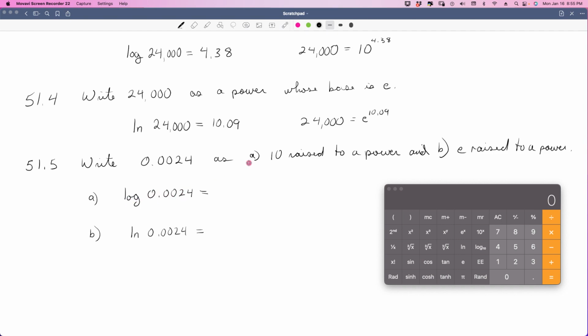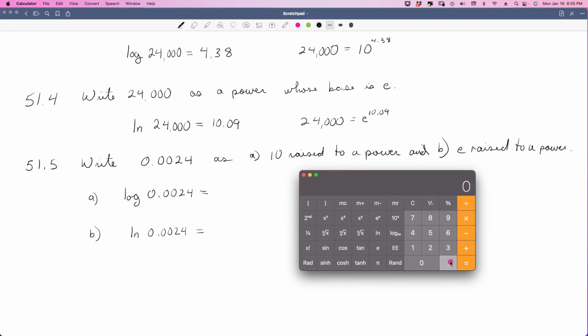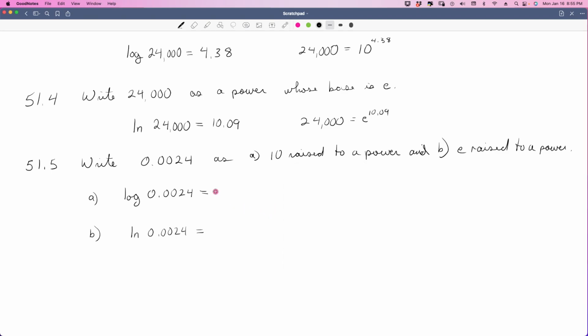So we rewrite the 10 raised to a power as a base 10, so we use a log. So log of 0.0024 equals, so all we're going to do is type in 0.0024 and press the log 10 button. We get a negative 2.619, so we're going to round that to negative 2.62.